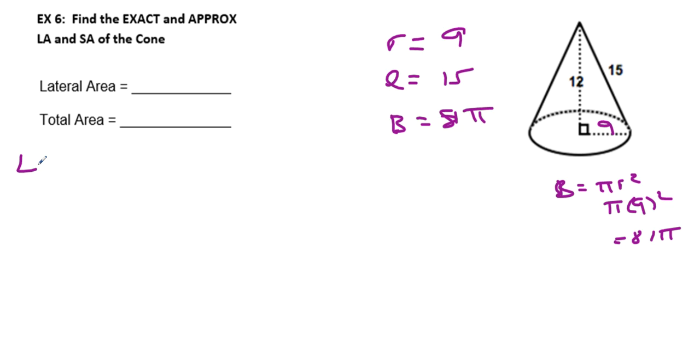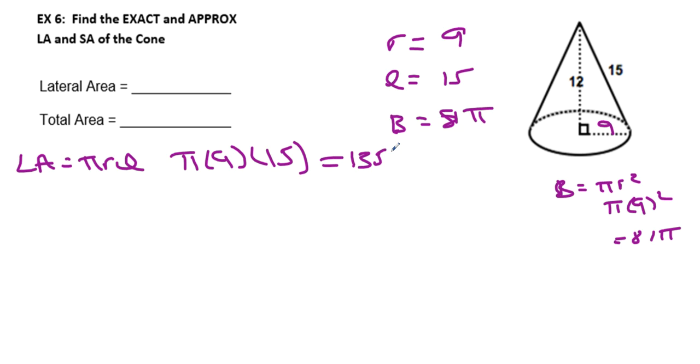So lateral area is pi RL. Well, we've got the R and we've got the L. So it's just pi times 9 times 15. Once we have that, we get 135 pi. Yay. And we're just going to add 81 pi to it.